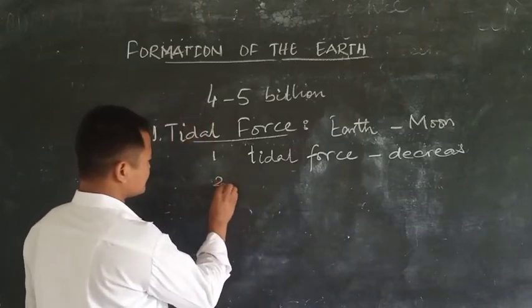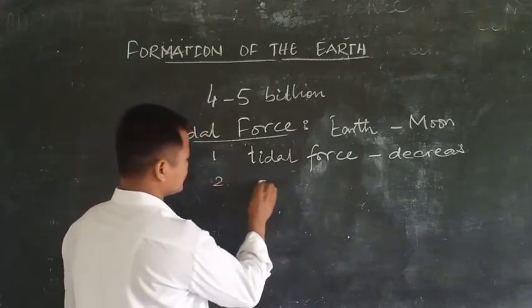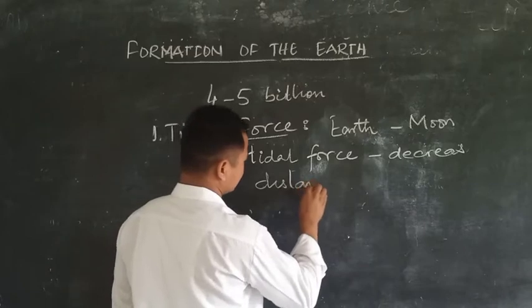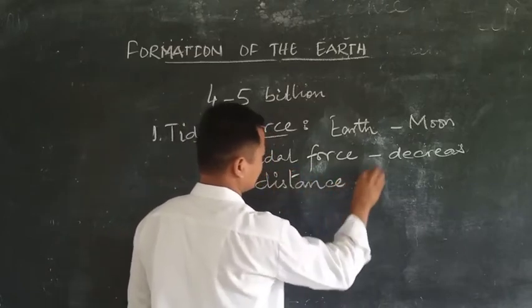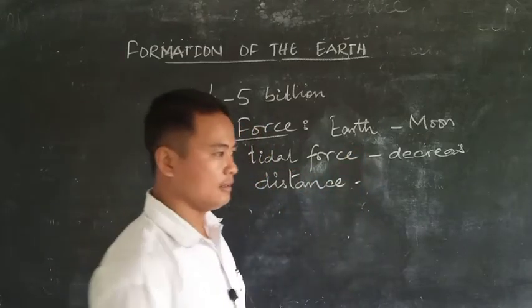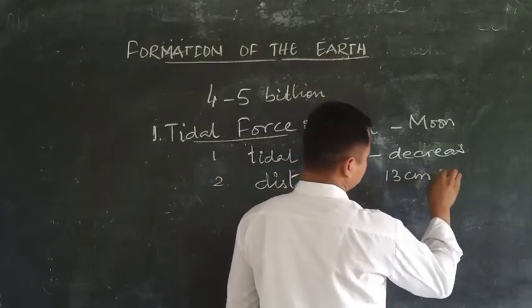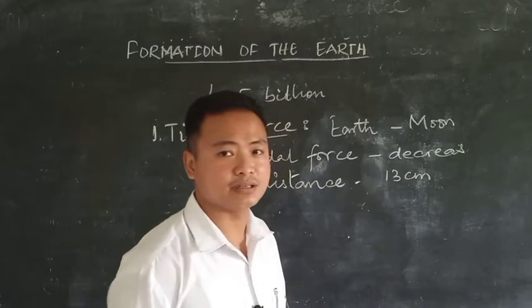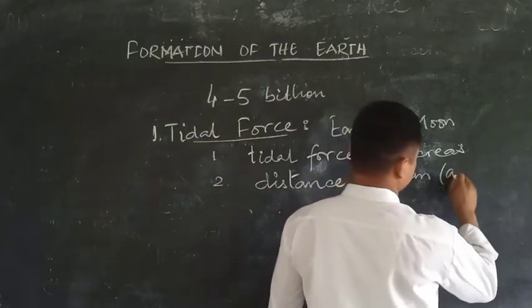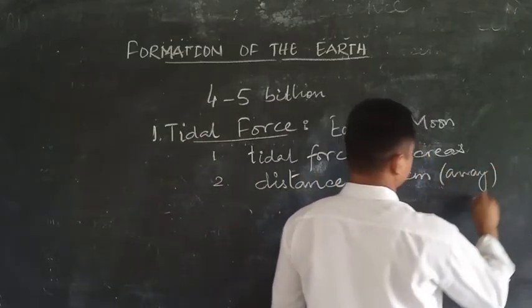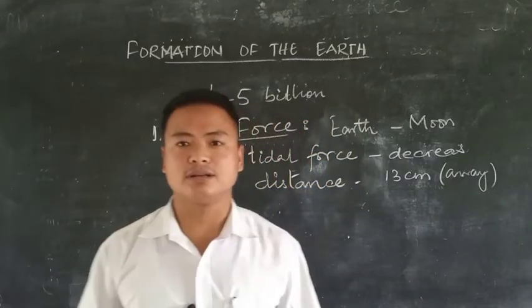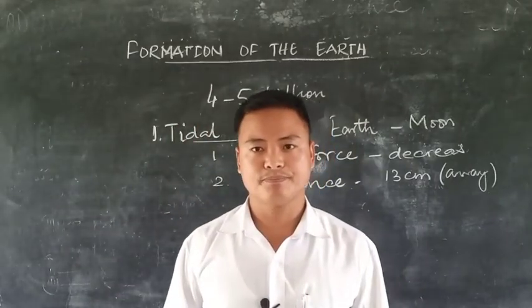The second is again with the distance between the Moon and the Earth. It is believed that the Moon moves 13 centimeters away from the Earth.